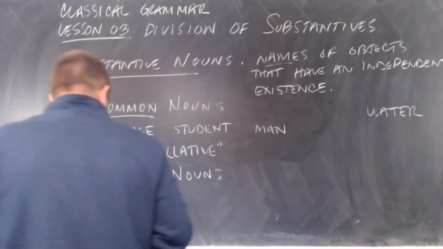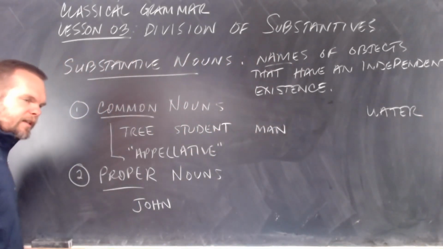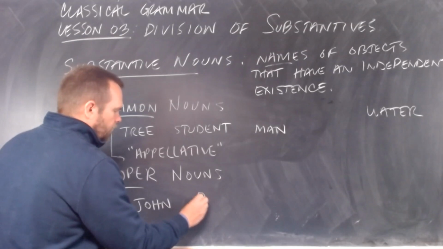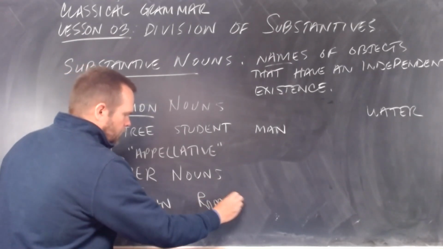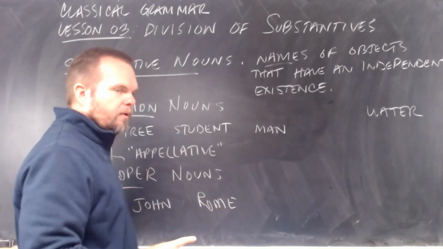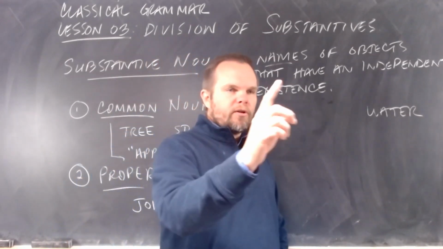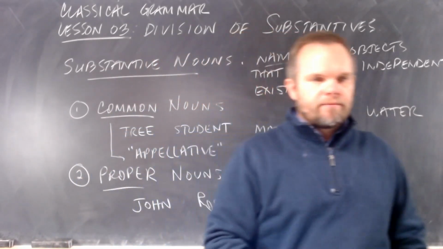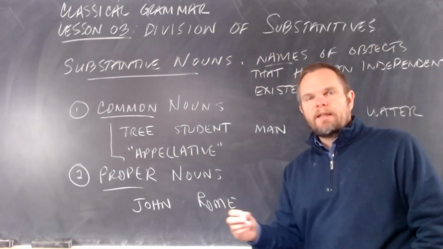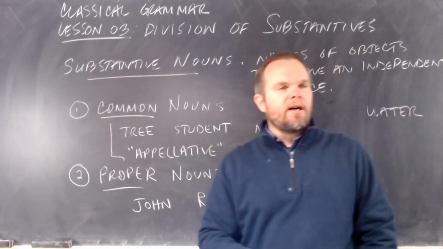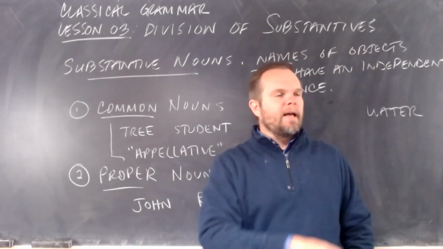Another example would be the name of a city, Rome. Rome is the peculiar name of one city. The word city, the name city, is a common noun that refers to any city.